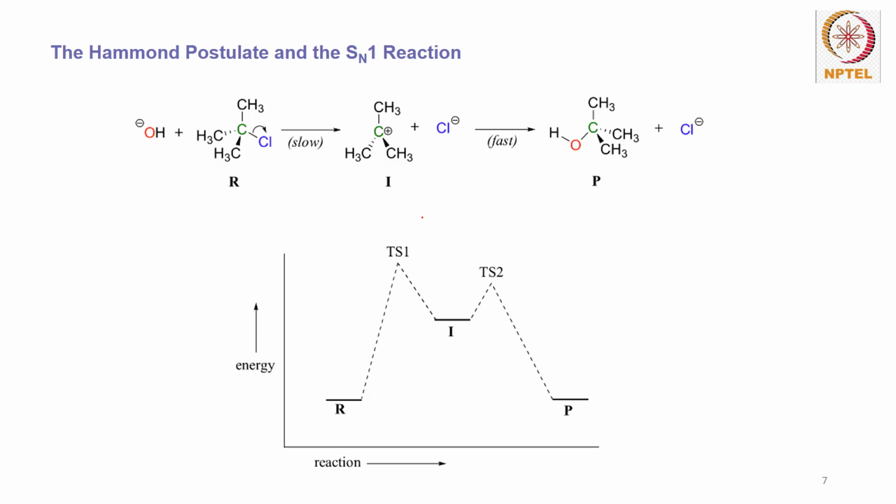If we explain a known reaction by this postulate, then we can easily explain any unknown reaction we get. So let's see, this is the SN1 reaction, where first the leaving group will leave from the system. This is the slow step. After that, the nucleophile will enter the carbocation and generate our desired product.